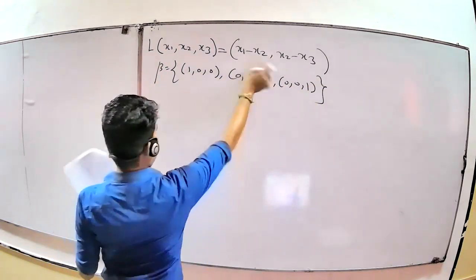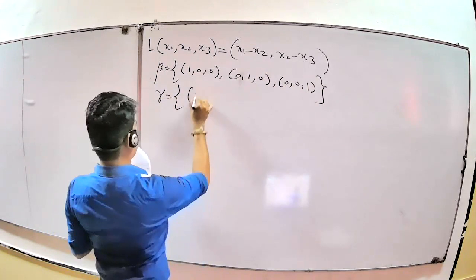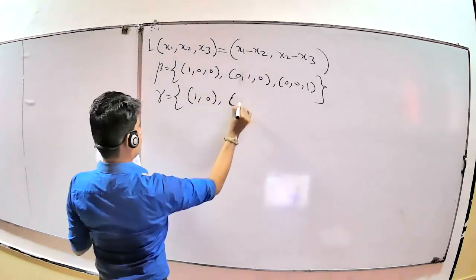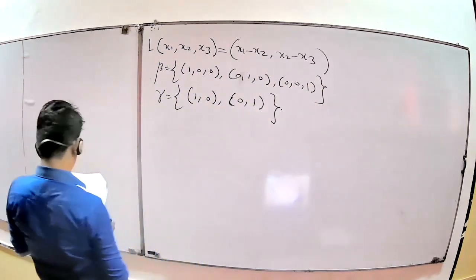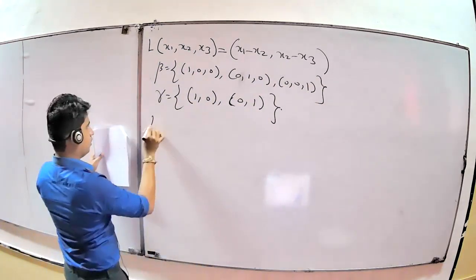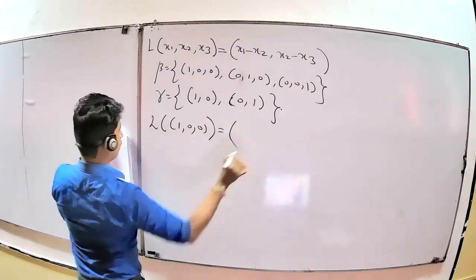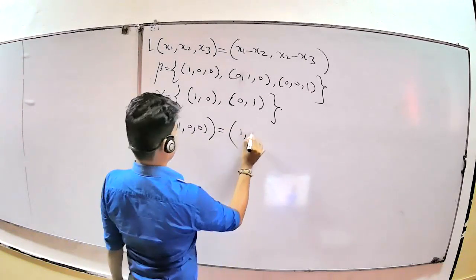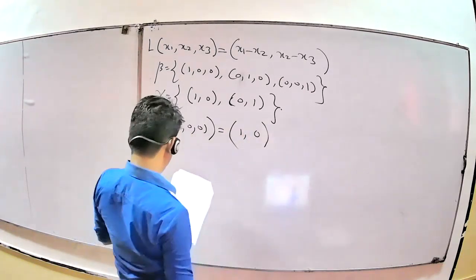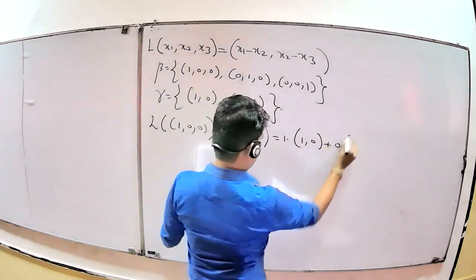For E squared, use the natural ordered basis for R squared, 1, 0, 0, 1. Then L of 1, 0, 0 equals x1, x2: 1, 0, so 1 times 1, 0 plus 0 times 0, 1.